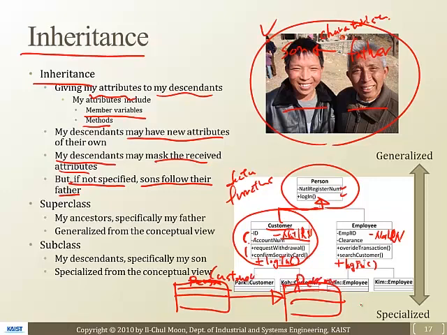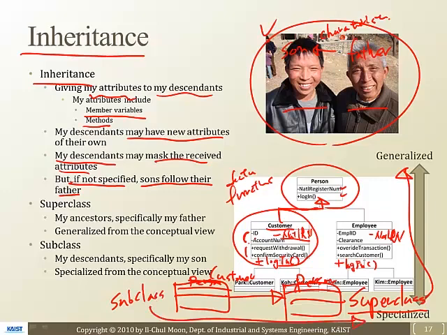This part is called superclass, because this is more generalized. Okay, this is more customized, so it's called subclass, because this is more specialized. So superclass is my ancestors and subclass is my descendants.